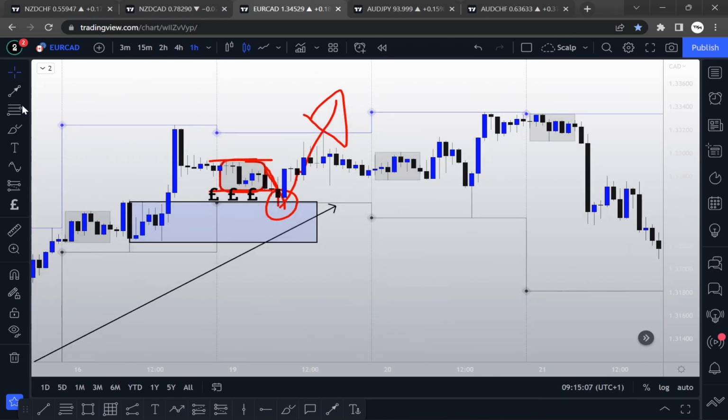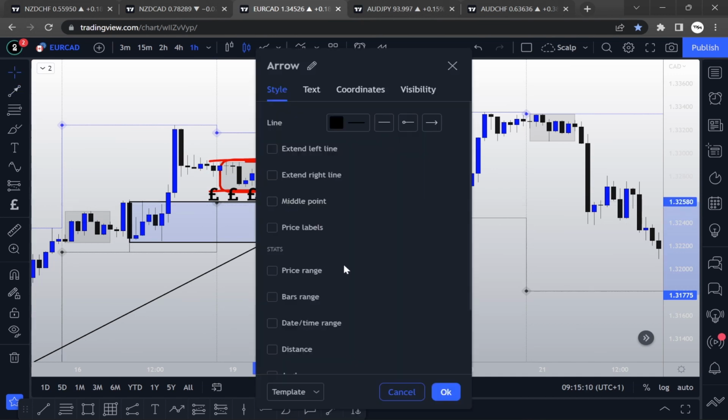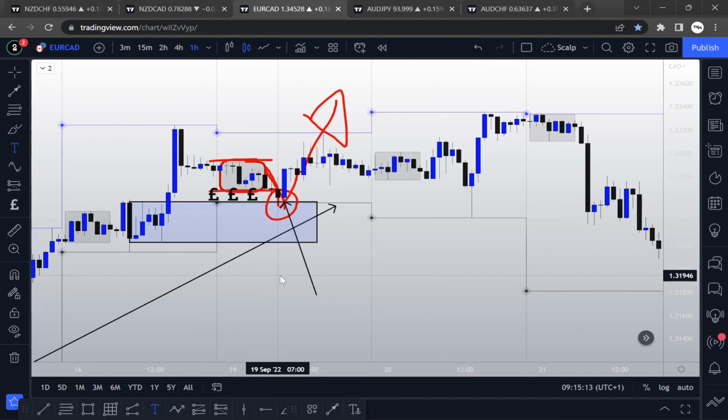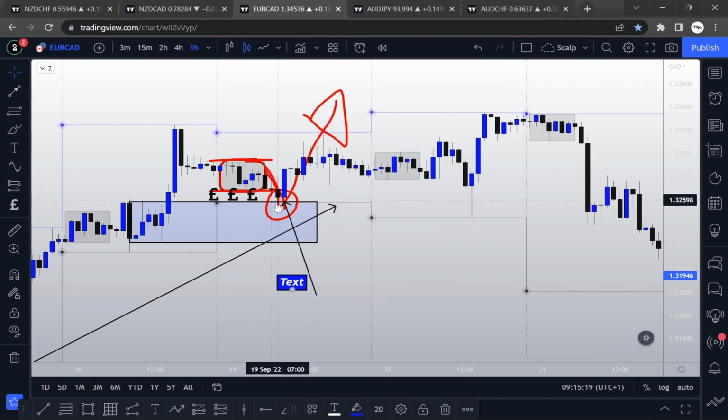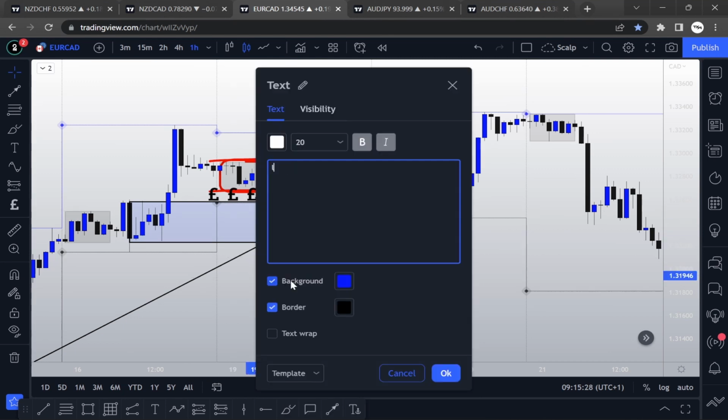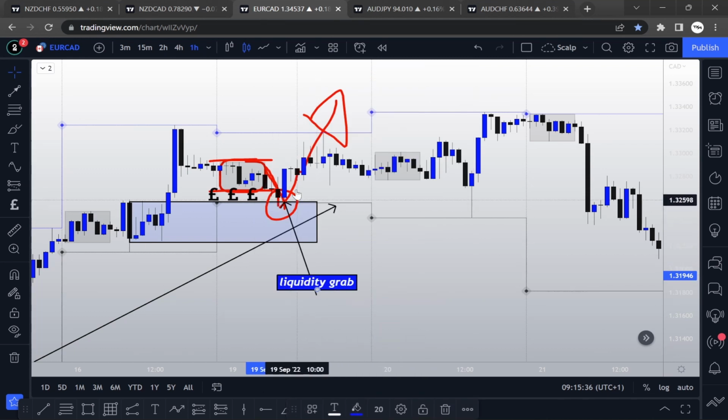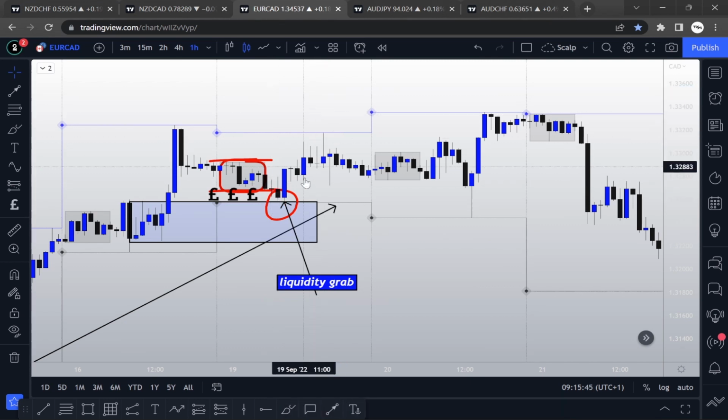So right here, the actual move itself is a liquidity grab, but this area where the pound signs are is a liquidity pool. That right there is a liquidity grab.